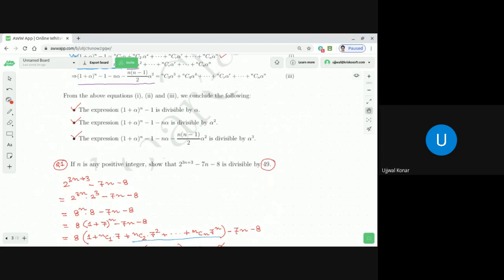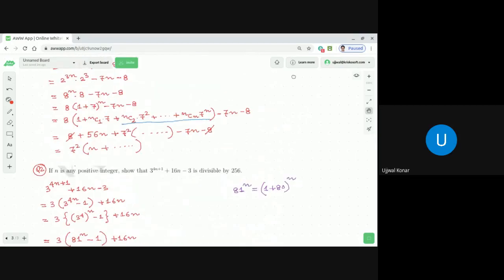Correct, no? Similarly, in the next problem, instead of 49, the number is 256. 256 means 16 square. So our thought process will tell us to confine our thinking so that we can express 3 power 4n plus 1 plus 16n minus 3 as a power of 16.